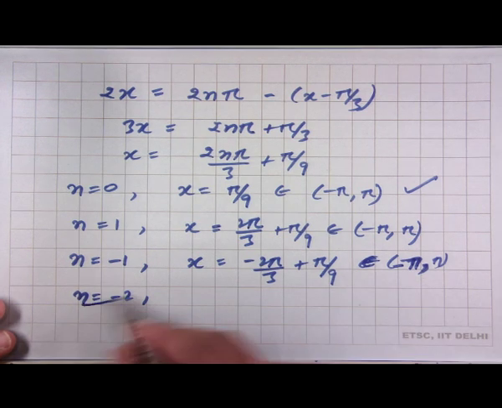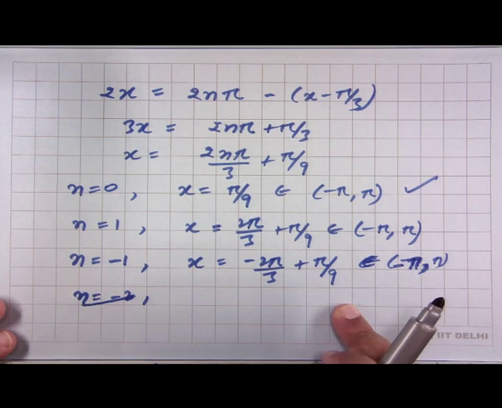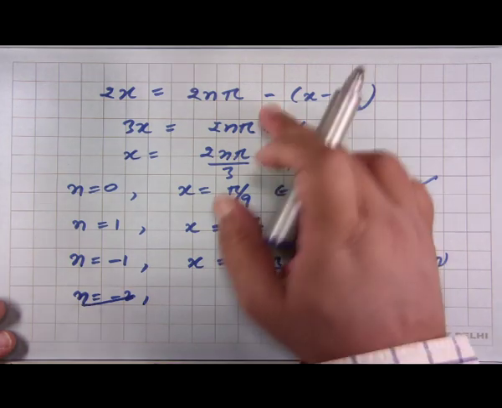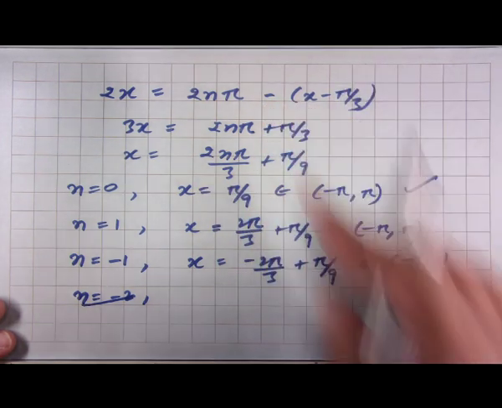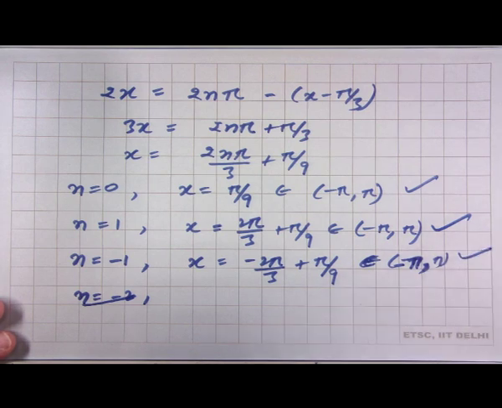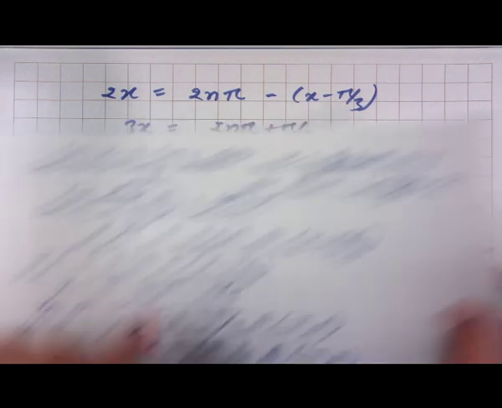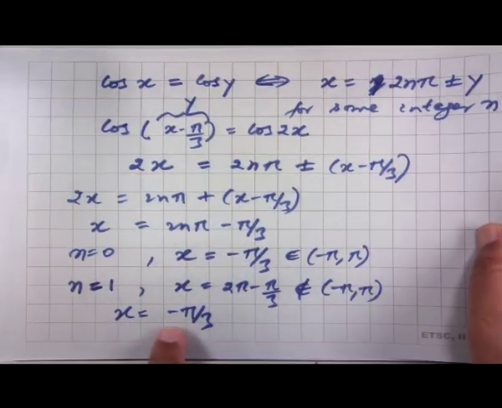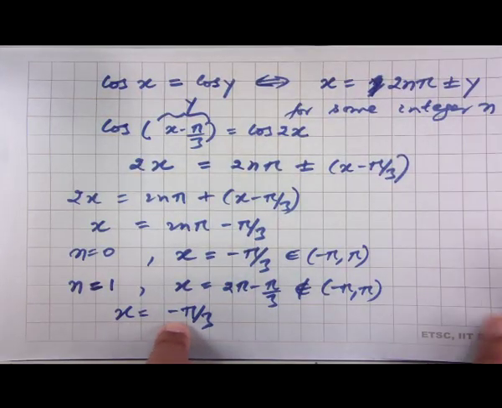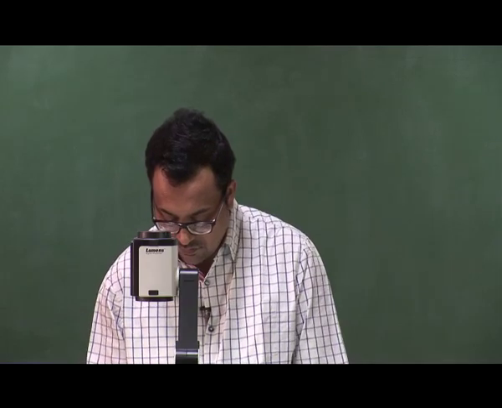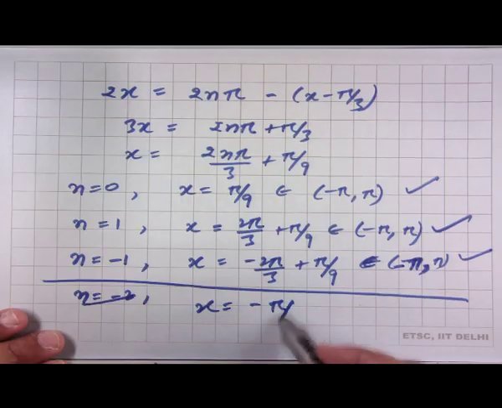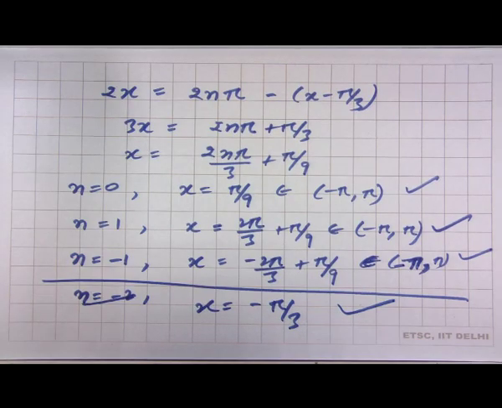So that solution is not allowed. So with the negative sign here, we get 3 valid solutions, and with the positive sign, we only got one solution, which was x equal to minus pi by 3. So that is the fourth solution. So totally we get 4 different valid solutions of x for this trigonometric equation.